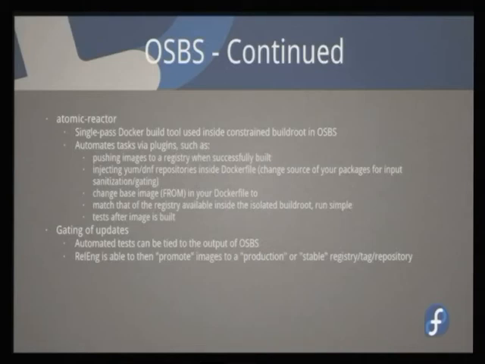Something else to note is when a build completes, there's a metadata import that contains information about how that image was built, the sources that went into the image, and all of the content that is within the manifest.